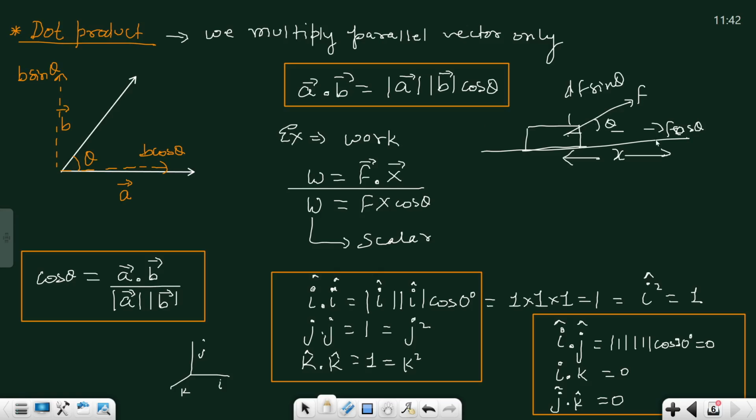Work is equal to force dot displacement. So when you have to calculate the work, you just need to take the force which is parallel to the displacement. The components of F are F sin theta and F cos theta. F sin theta is perpendicular to x, so you will take only F cos theta. So work is equal to F x cos theta. Clear? And we know that work is a scalar.